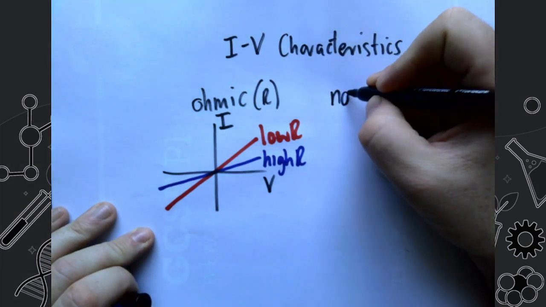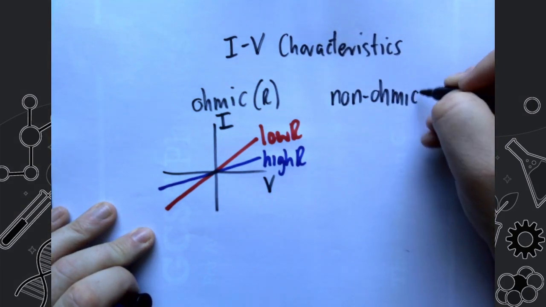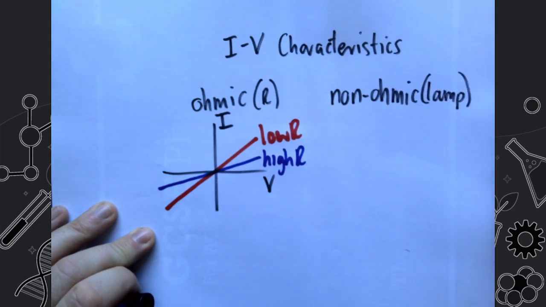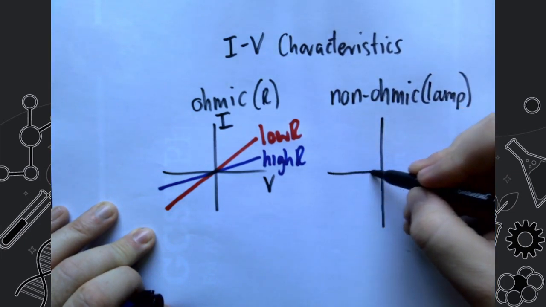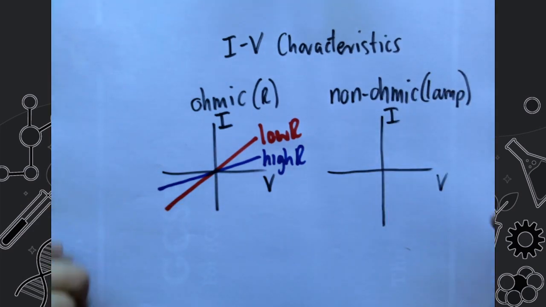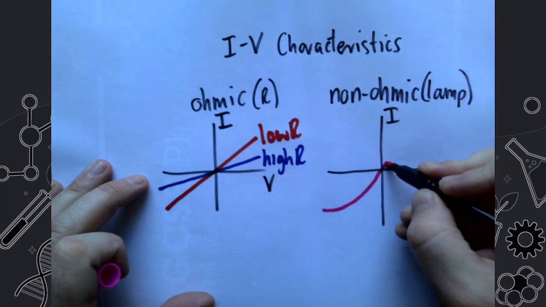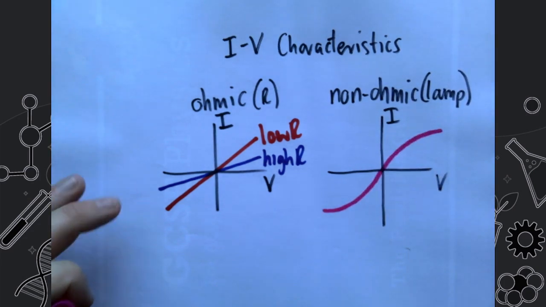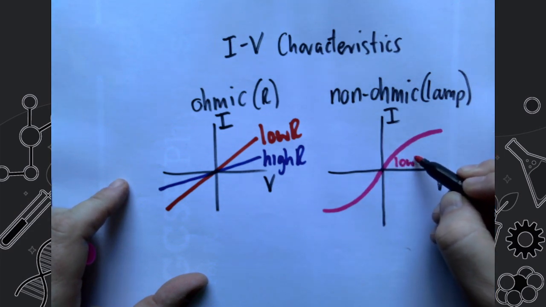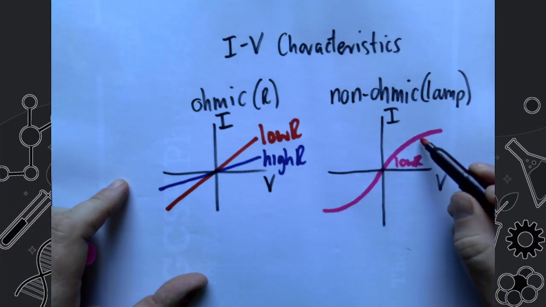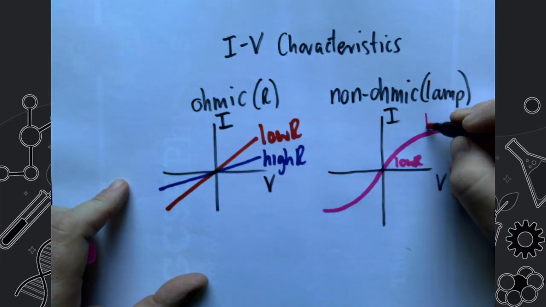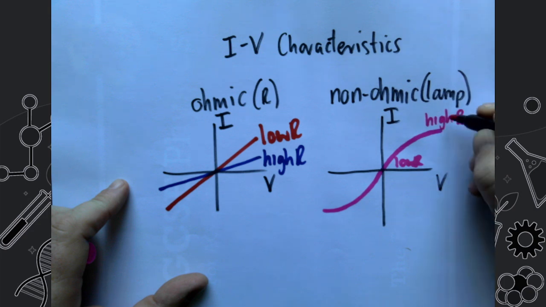Non-ohmic, okay, and that could be a lamp. We have the same axes, voltage and current, but now we've got some kind of an S shape, and essentially we've got a steep gradient, so it's going to be low resistance here, and as we go up, the gradient becomes shallower, a bit like the blue line, so this would be high resistance.